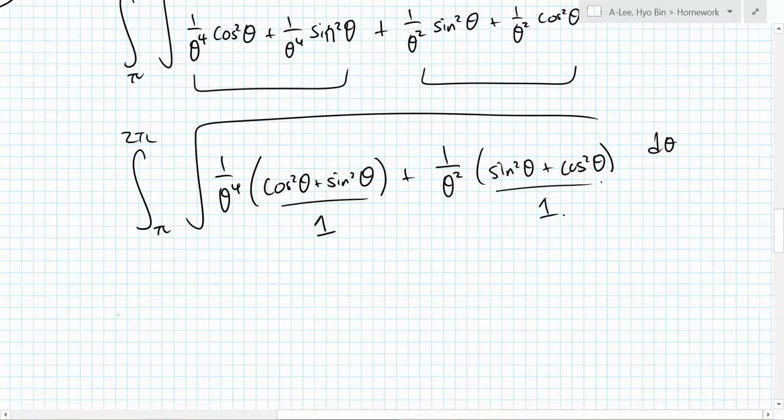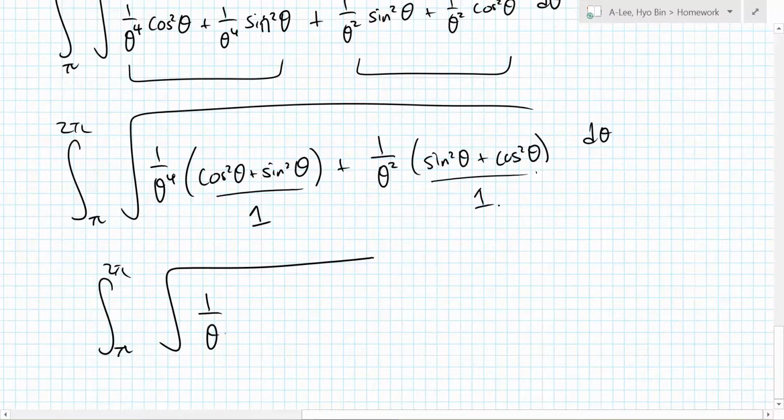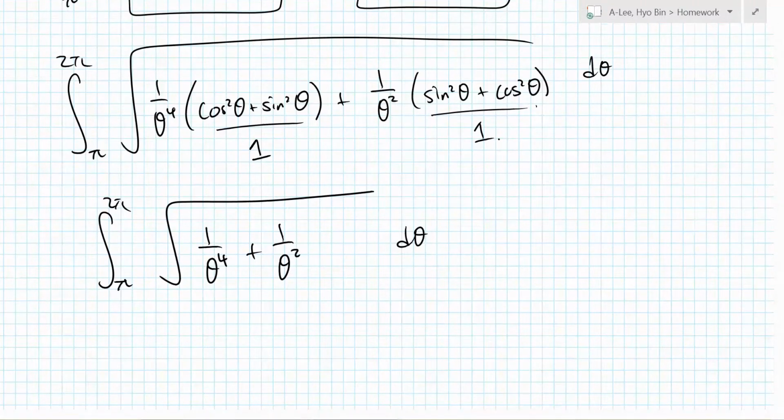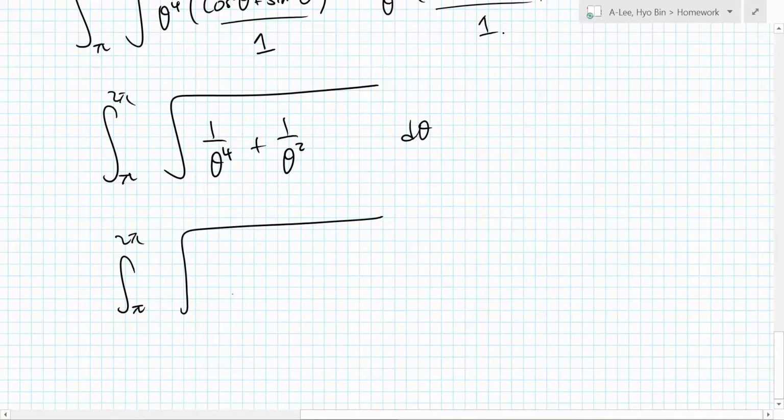So now I can rewrite this integral as the integral from pi to 2 pi of the square root of 1 over theta to the fourth plus 1 over theta squared d theta. So hey, we can rewrite this again: the integral of pi to 2 pi, and have, what is it, theta squared over 1 squared plus theta over 1 over theta squared.